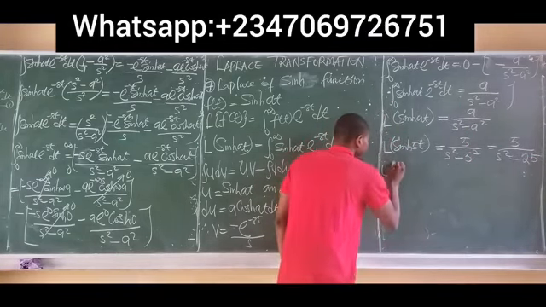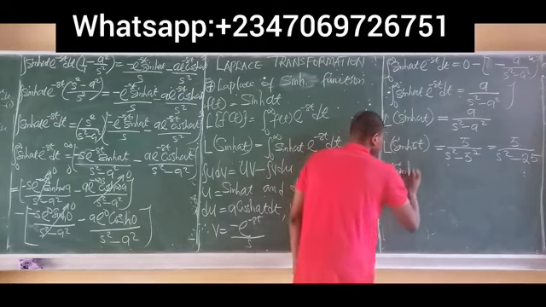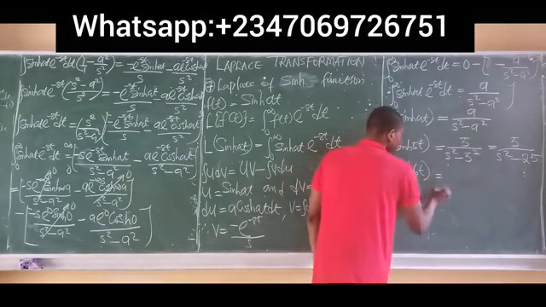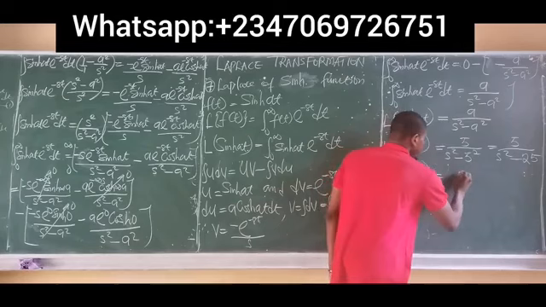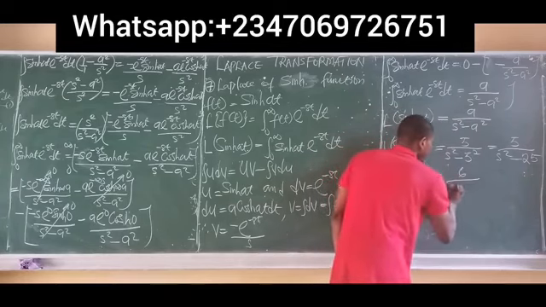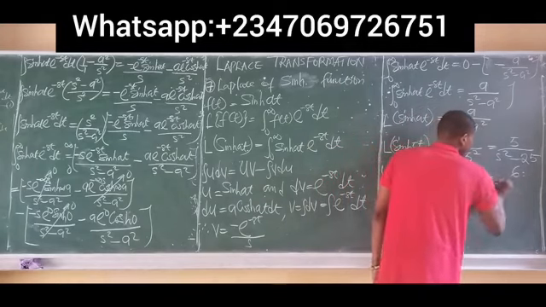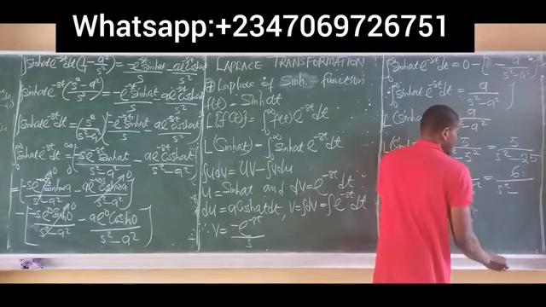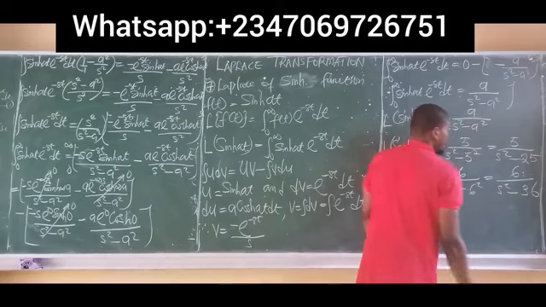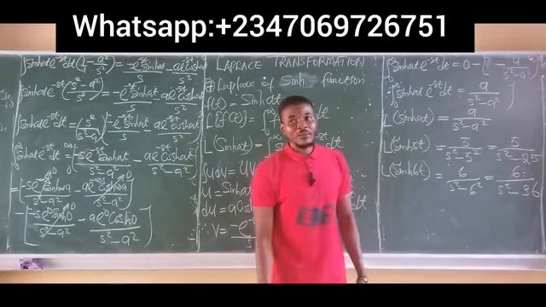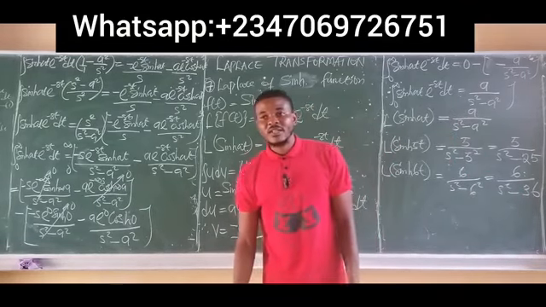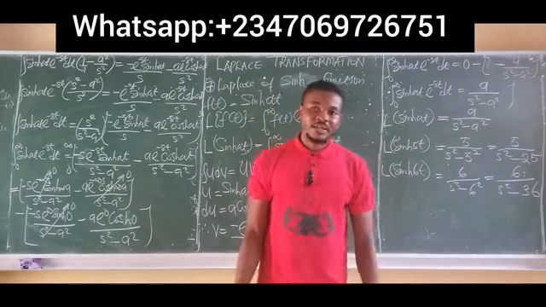Also, if you're asked to find the Laplace of sinh 6t, it's simple. From the formula, it is 6 all over s squared minus 6 all squared, and 6 squared will give you 36. We simply have this. So that becomes the sixth entry of the table of standard values you need to know in Laplace transformation.